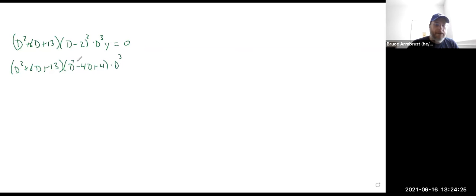Times d cubed, so that's d to the fourth. 6 minus 4 is 2d cubed. Squared, 13 plus 4 is 17. Minus 24 is minus 7. The d's, we're going to get minus 52 plus 24 is minus 28. And then plus 52. And then that's all times d cubed.